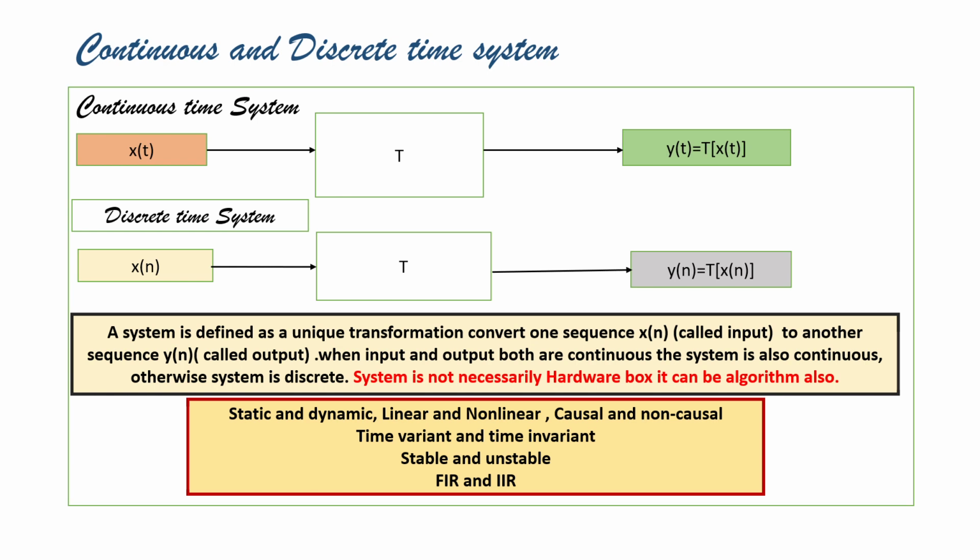So all these systems, static, dynamic, linear, non-linear, time variant, time invariant, they learned in the BTech course named Signals and Systems. So we assume this is a prerequisite. So I am not explaining in detail the different kinds or different types of system.